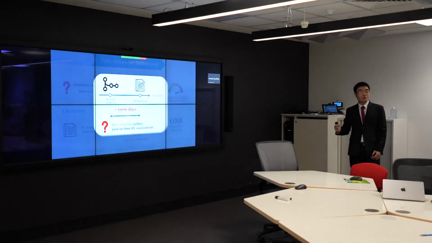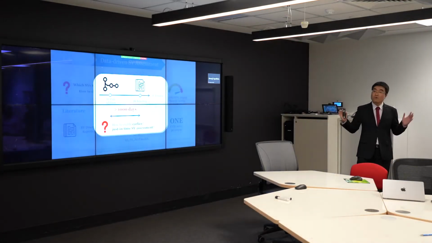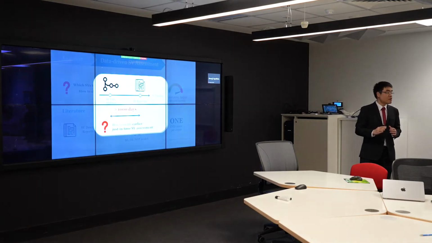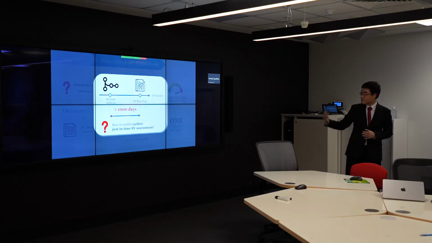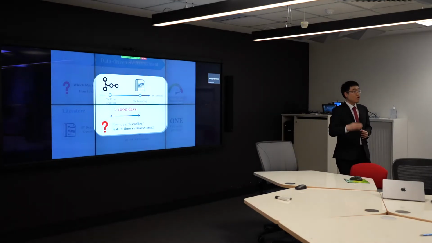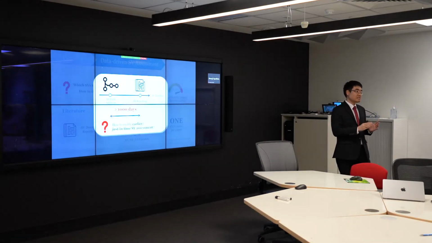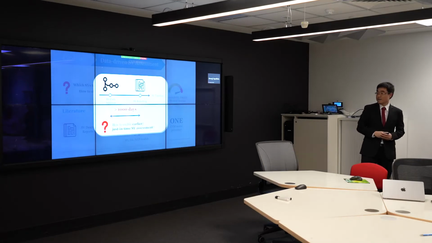So here, another important question arises: how can we bridge this time gap to enable developers to perform the vulnerability assessment earlier, or just in time when the vulnerabilities are actually injected into a code base?